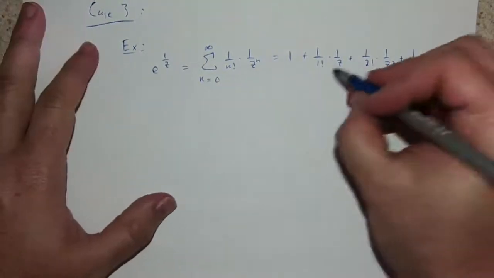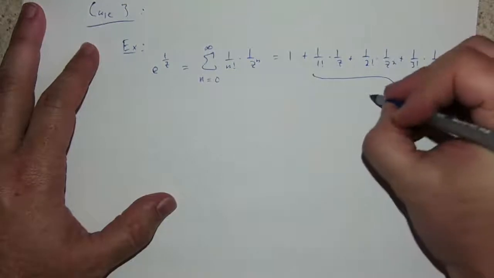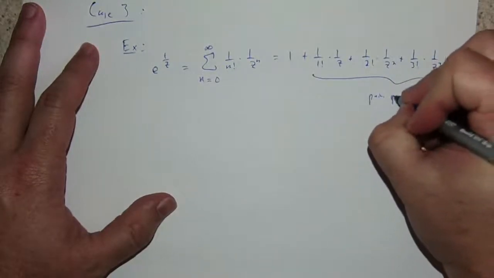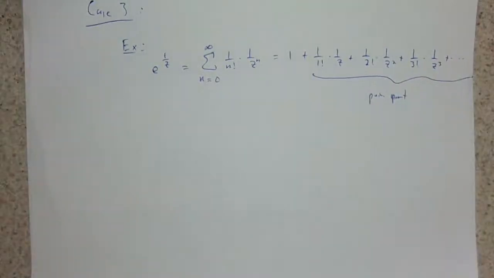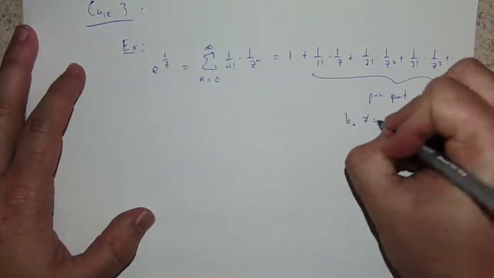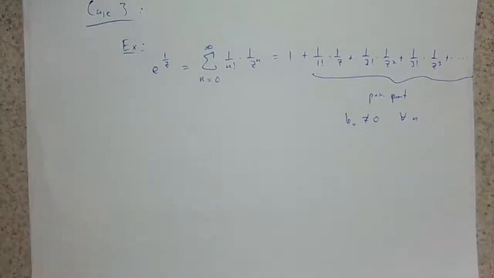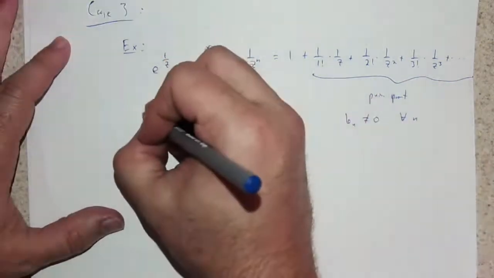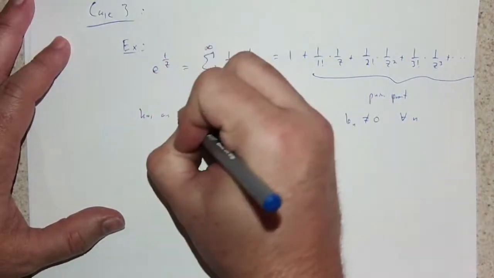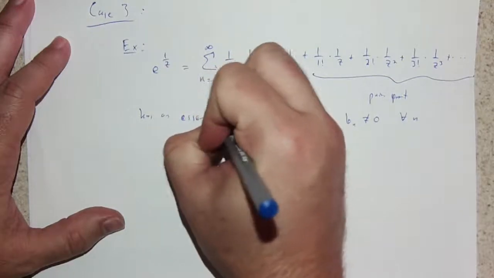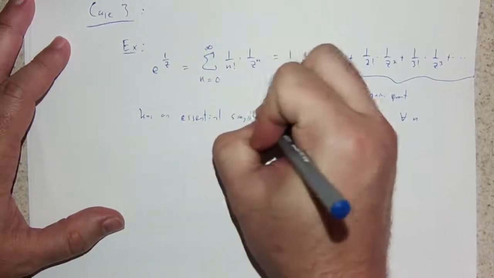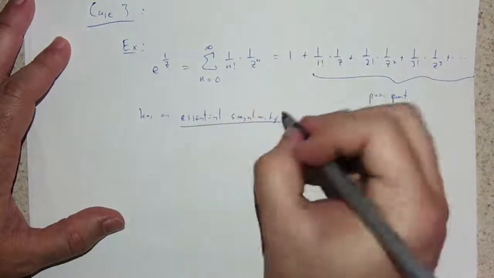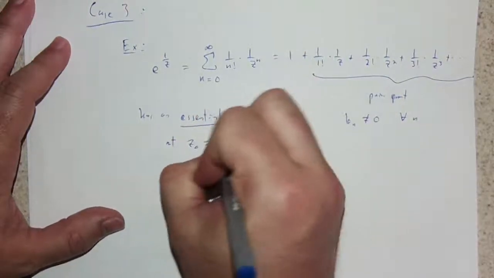So here's the principal part. Every single b sub n is non-zero, so b sub n is non-zero for all n. So this has an essential singularity at z naught equals 0.